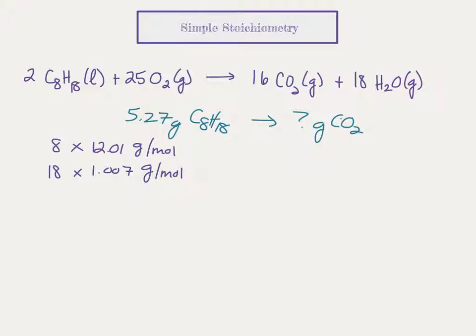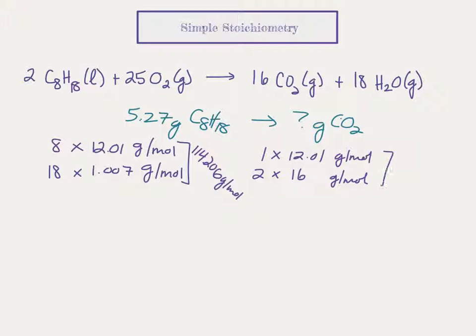And we're going to need our carbon dioxide numbers as well, so we might as well do it now. 1 times 12.01 for the carbon, and since there are 2 oxygens, 2 times 16. Okay, that gives us a molar mass of 114.206 for the octane and 44.01 for the carbon dioxide.